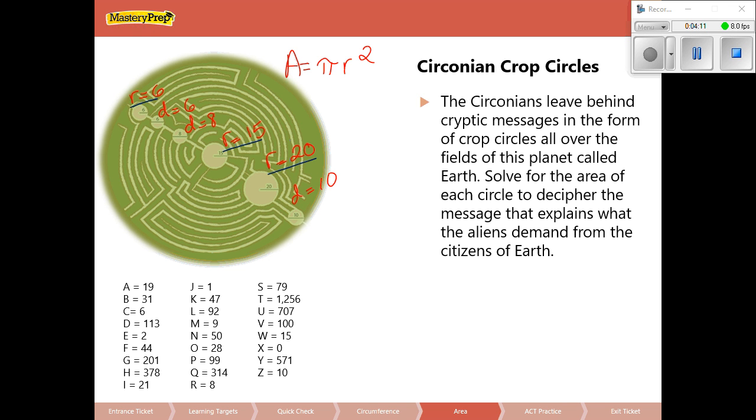But we do need to find the radius of the others. So for the first one that has a diameter of 6, its radius would be what? When the diameter is 8, the radius would be. And lastly, when the diameter is 10, the radius would be.